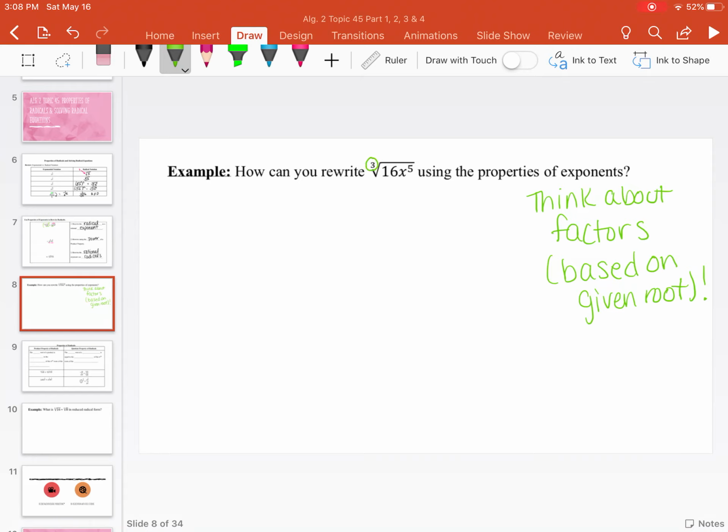Here, our given root is 3. So if we look at our coefficient of 16, I want to think of the factors of 16, which factors would I be able to take the cube root of?